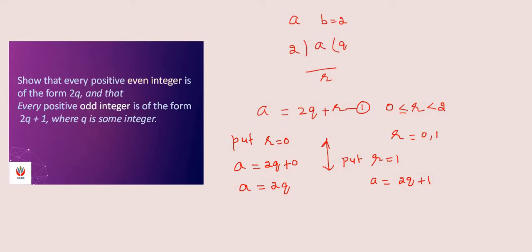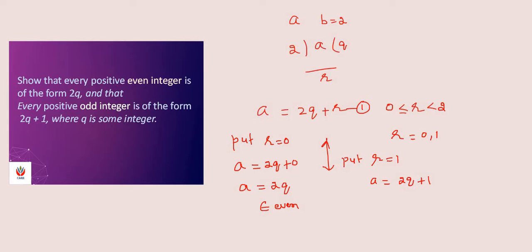Taking a is equal to 2q, q is multiplied with 2. So any integer multiplied with 2 belongs to even numbers.